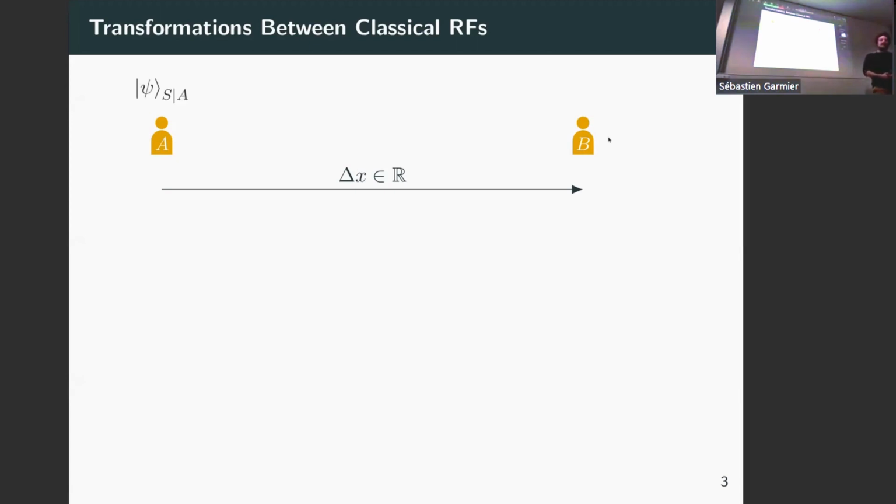Now Alice can observe some quantum system S, and she might see the state psi, and the subscript S bar A is here to indicate that this is the system S viewed from A. It is now well known that Bob can also observe the same system, but in order to get the state that Bob has, we have to translate the state.